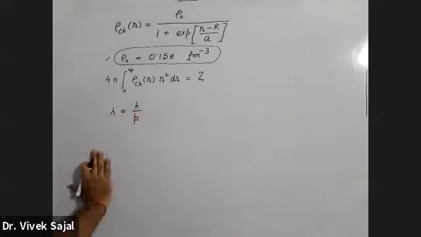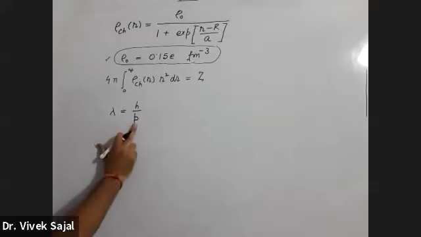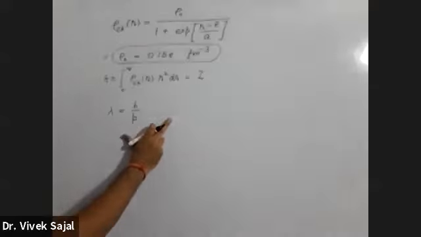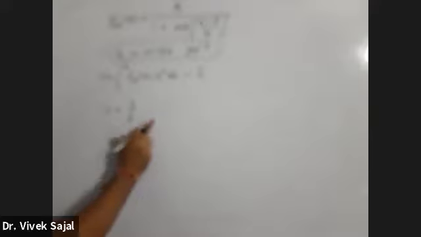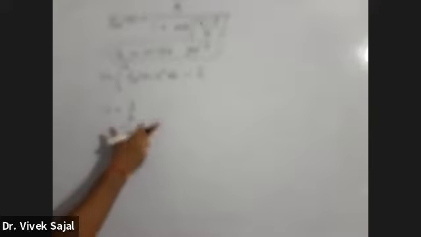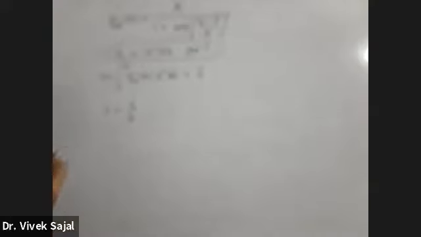This p depends upon the energy of the electron beam. So if I increase the energy, I increase the value of p, and automatically lambda will become smaller.